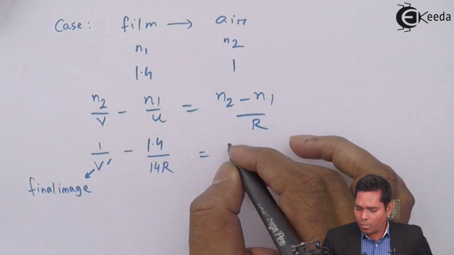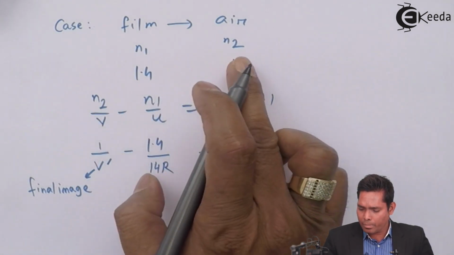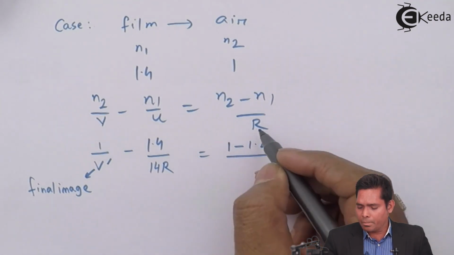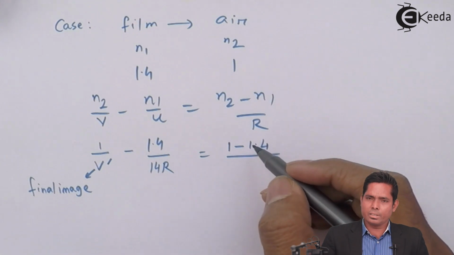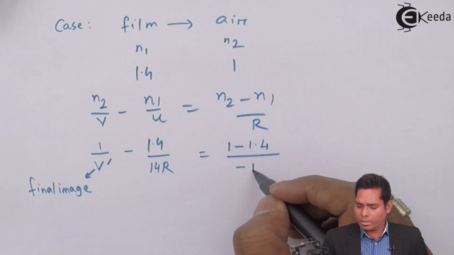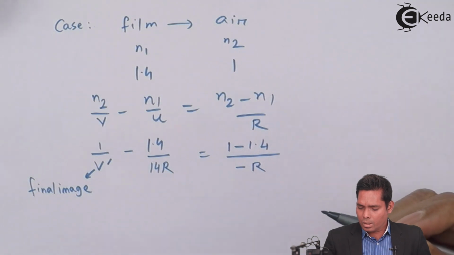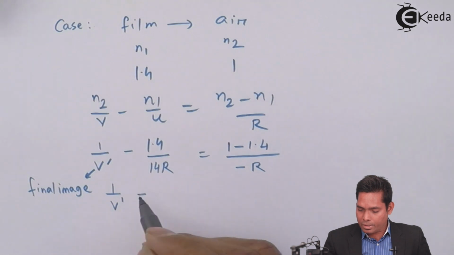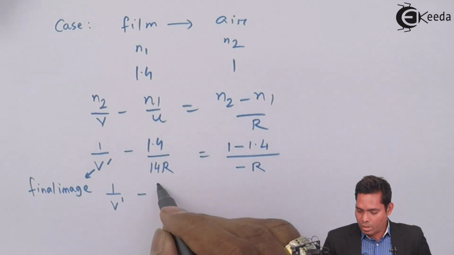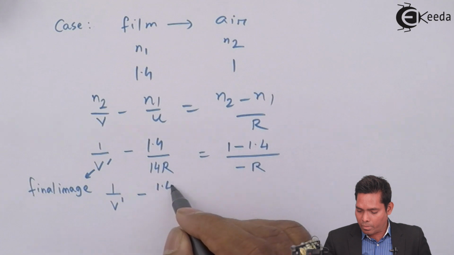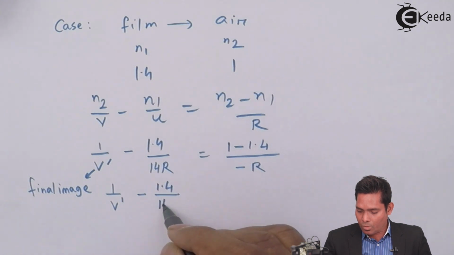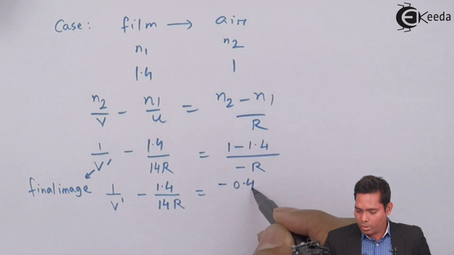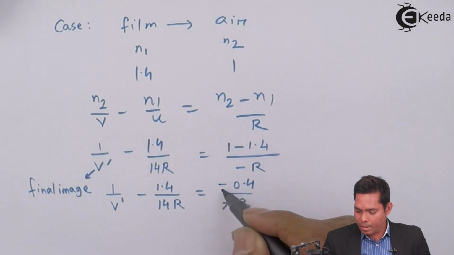This becomes n2 minus n1, which is 1 minus 1.4, divided by r, but in this case r is negative, just like the earlier case. This is minus r. If I solve this, then 1 upon v dash minus 1.4 divided by 14r equals to minus 0.4 divided by minus r. This is plus.